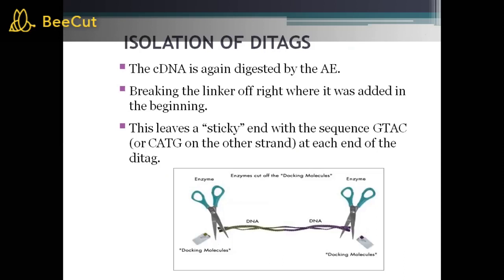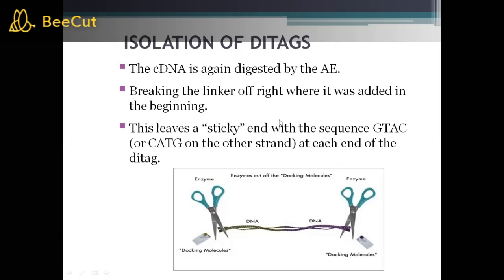By using this restriction digestion with the anchoring enzyme, it will break down the linker which we ligated to that particular cDNA. This leaves a sticky end with the sequence GTAC or CATG on the other strand at each end of the ditag.